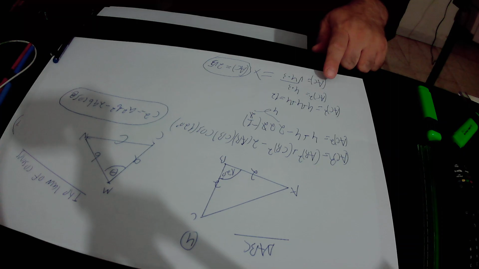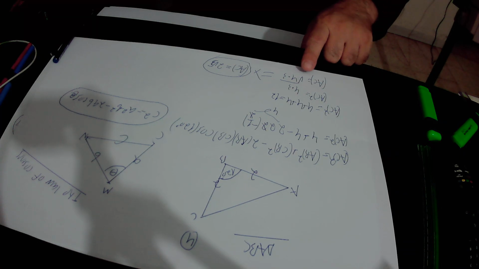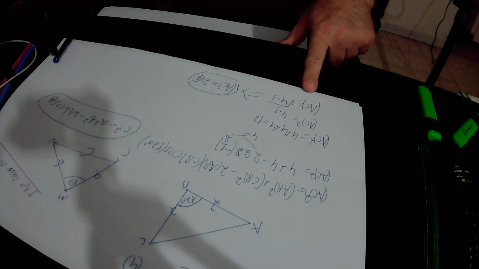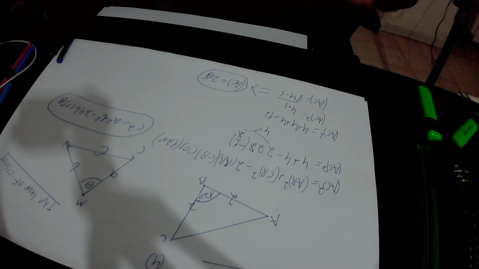So AC squared equals 12, and then we substituted 12 by 4 times 3, so AC squared equals 4 times 3. And then we took the square root and found out that AC equals the square root of 4 times 3. We took 4 out of the root, why? Because the square root of 4 is 2.